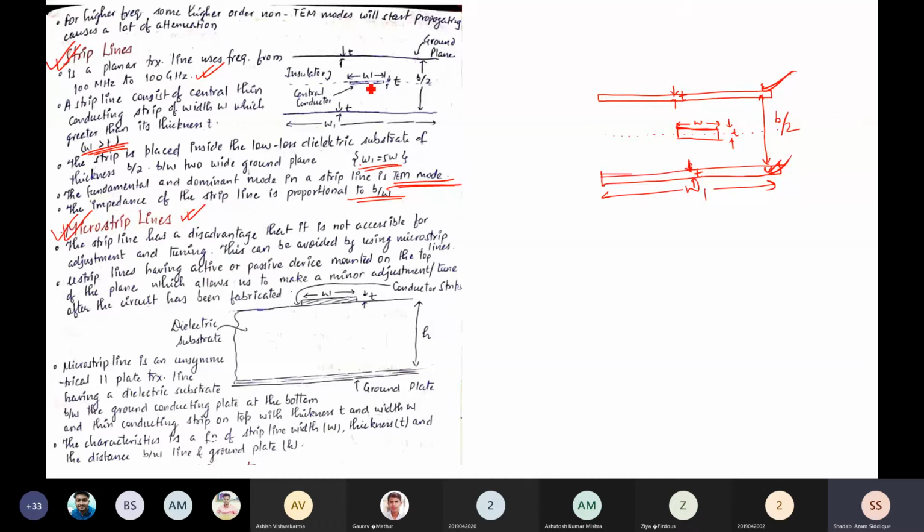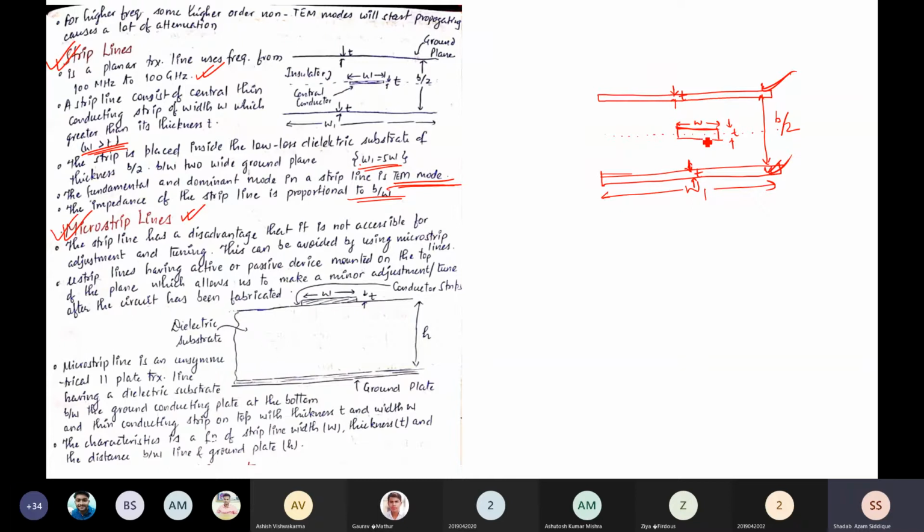Because the strip used in the strip line is inside the ground planes, inside the structure, after fabricating this type of transmission line we cannot tune at all. Suppose we fabricate for one particular frequency or one range of frequency, we cannot tune for different frequencies.